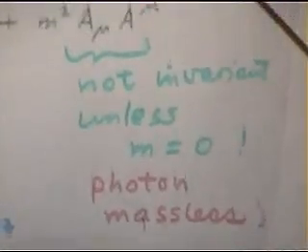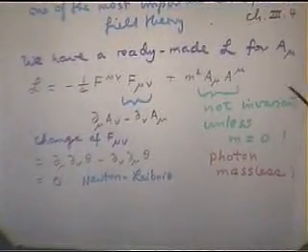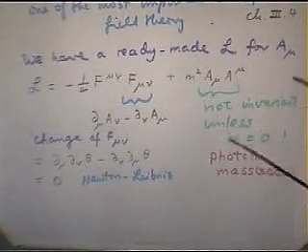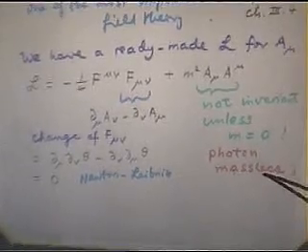So you can see that gauge invariance forces the photon to be massless. The spin 1 field last week, we interpreted as the photon. So one of the important concepts in physics here is that gauge invariance implies that the photon is massless.